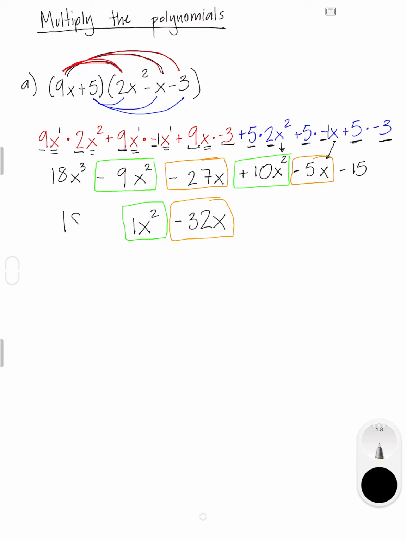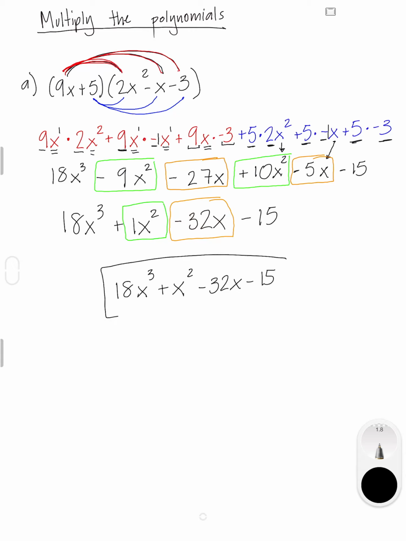And then we have the 18x cubed. Now this was a positive 1, right? And then minus 15. So once I write everything together it is 18x cubed plus x squared minus 32x minus 15.